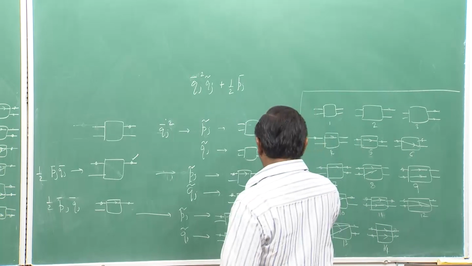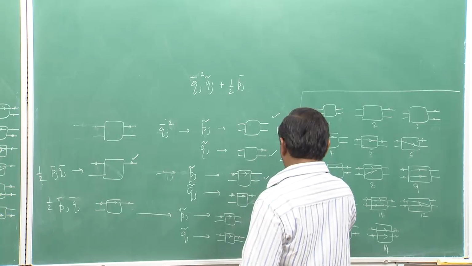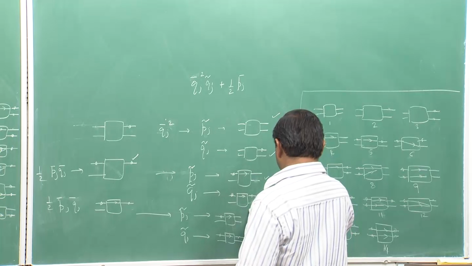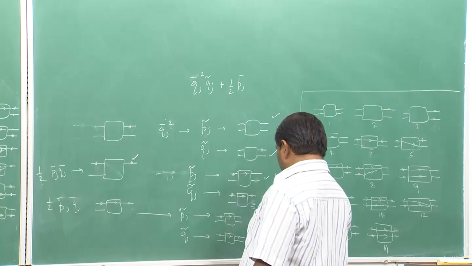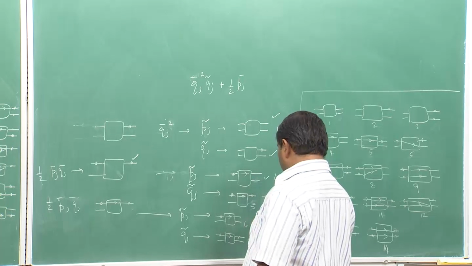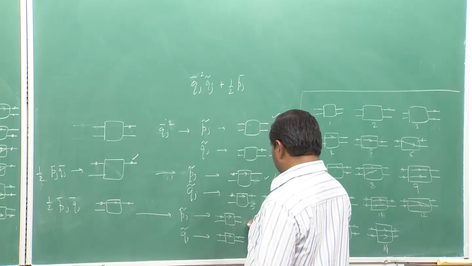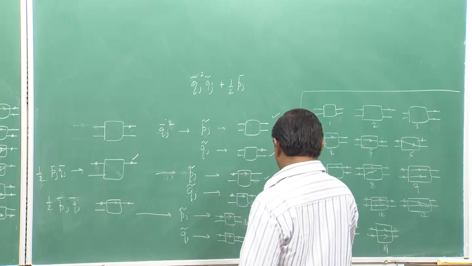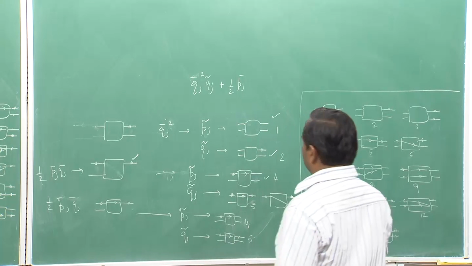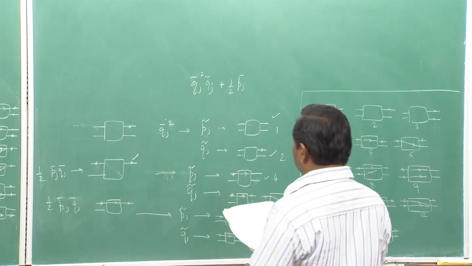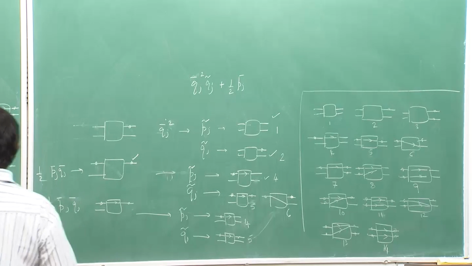So, this is state 1, this is state 2, this is state 4, this one is state 5, this one is state 5, this one is state 6, this one is state 4, sorry, and this one is state 6. Okay. So, this is for this particular combination.